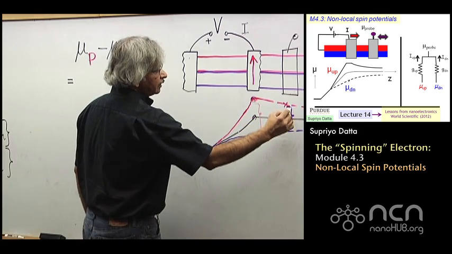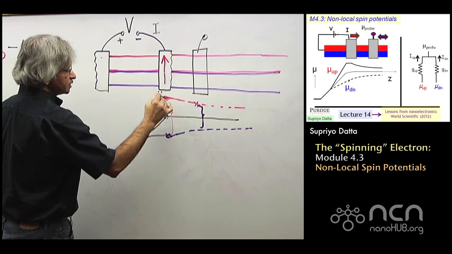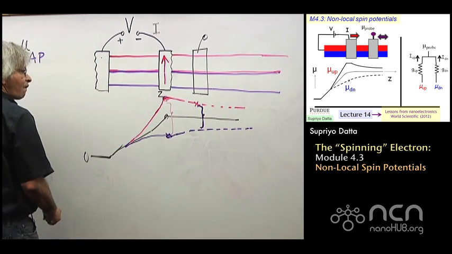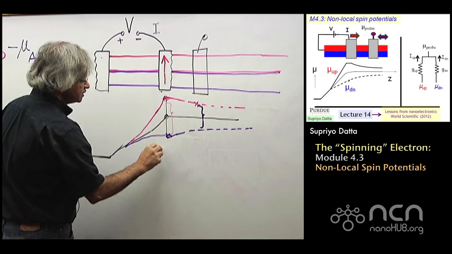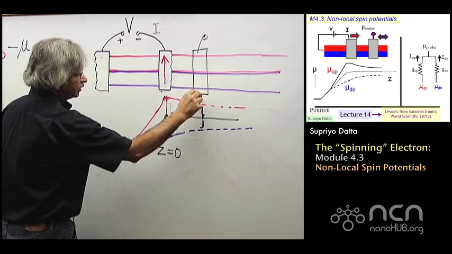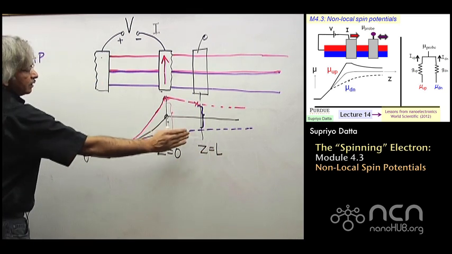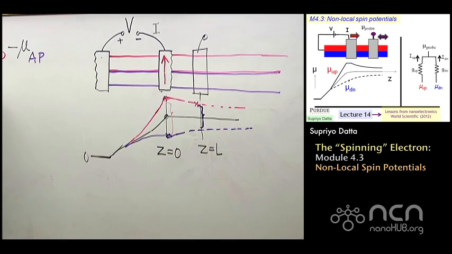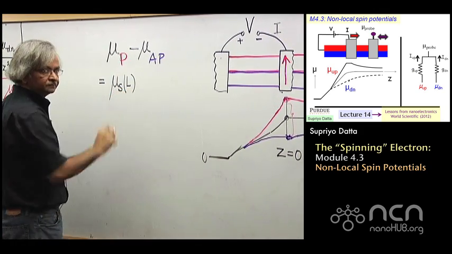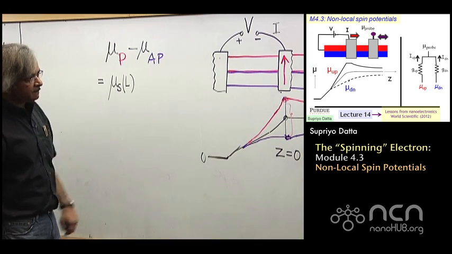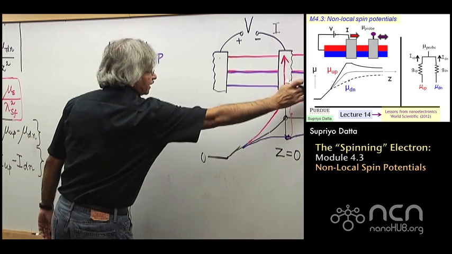So if you are here and at this point, let's say we call this point z equals 0, and we call that point z equals L. So when you are here, what you'll measure will be whatever the spin potential happens to be at the point L, right there, times the polarization of that magnet.